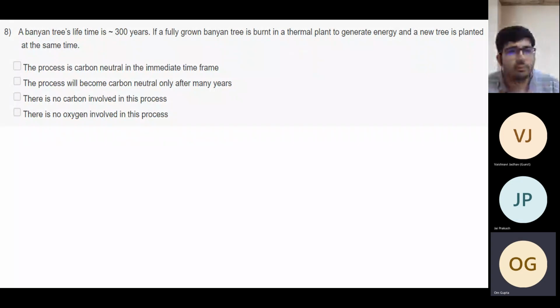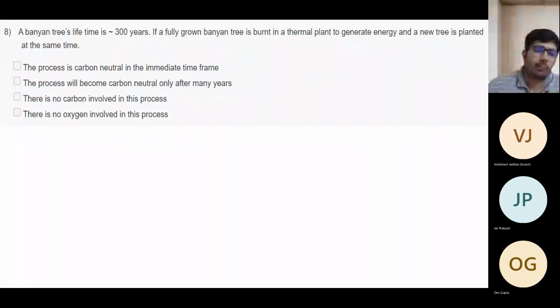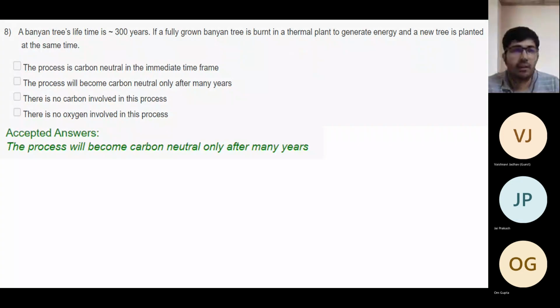Option 2 is the only one. Option 2: the process will become carbon neutral only after many years. Yeah, it's the right answer, as we have already covered that.